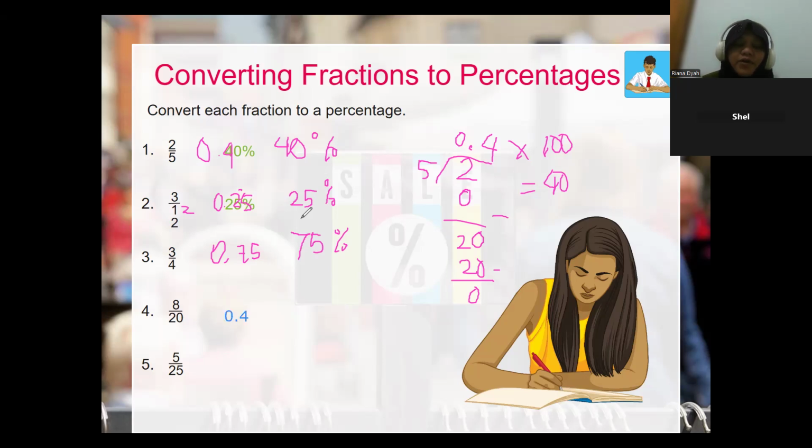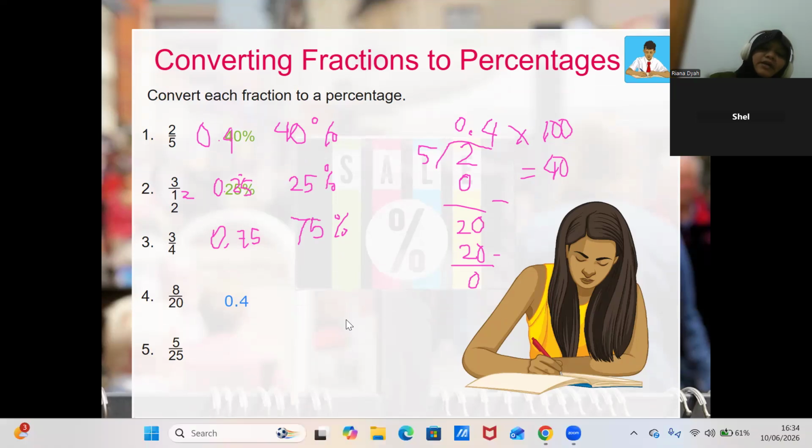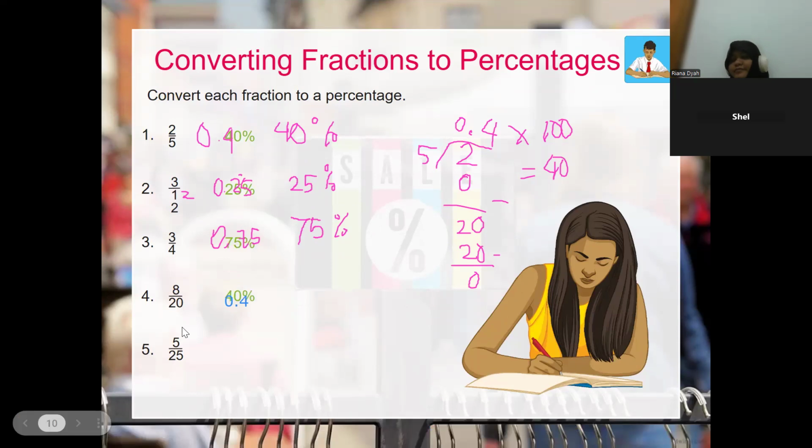0.4. So if you change it from decimal into percent, it's going to be 40%, correct. Yes, it's going to be 40%. Last one, number 5.